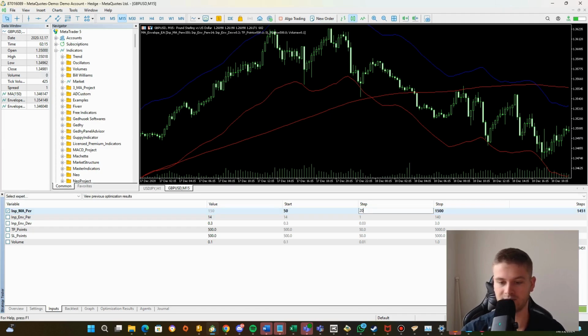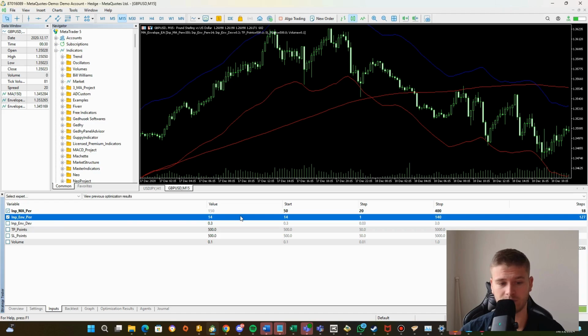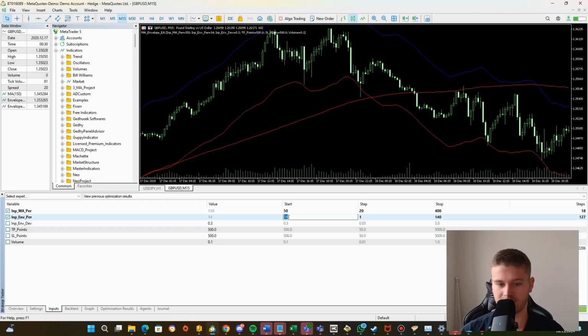So 25 increment of 20, and let's do 400 input envelopes period. I think the envelope period doesn't affect trading that much. I think the deviation does, but yeah, it's optimization. So let's do from 4 increment of 4 to 40.